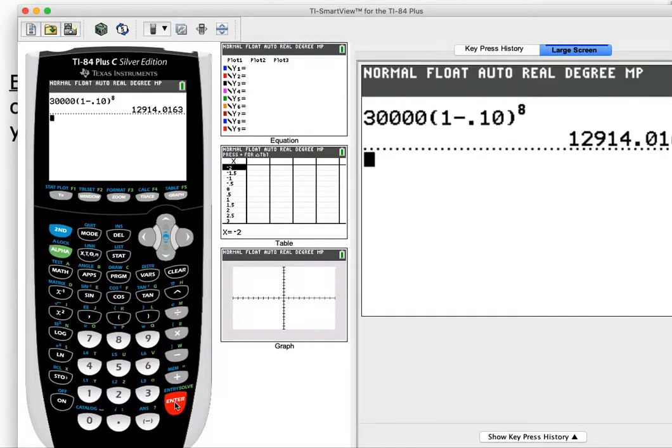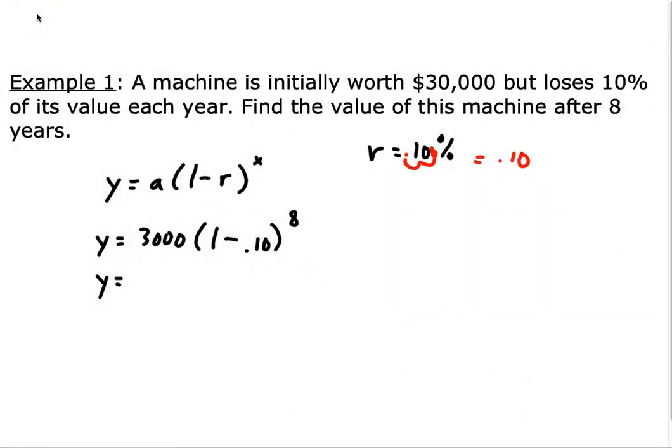And we get $12,914 and looks like 2 cents. So rounded in there, the 6 there is in the third decimal place, so it's going to round that 1 up to a 2. So $12,914.02.